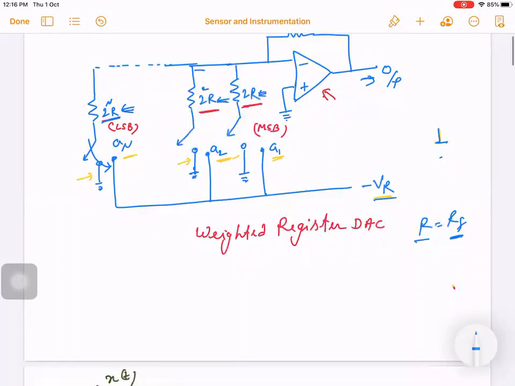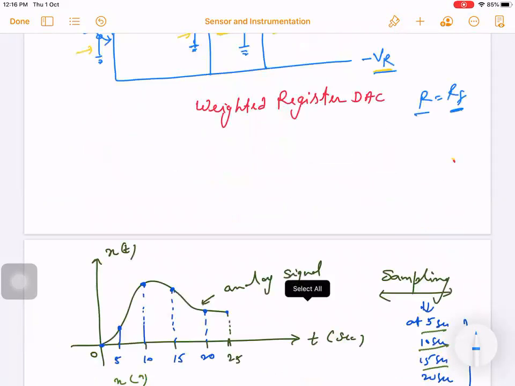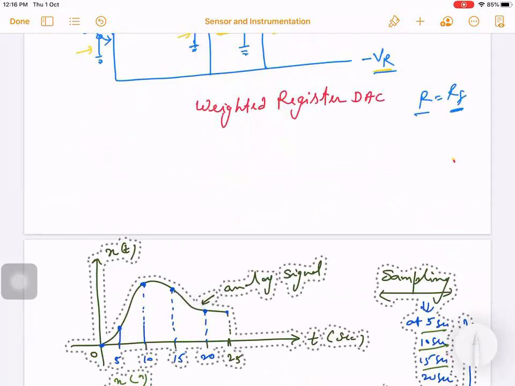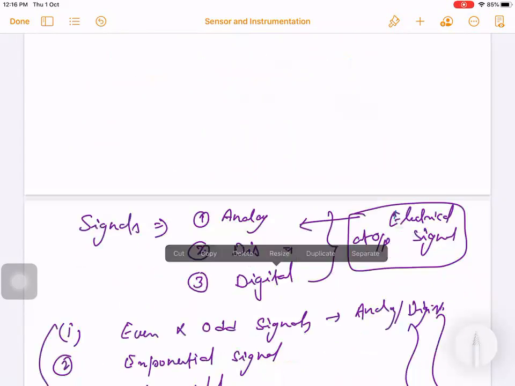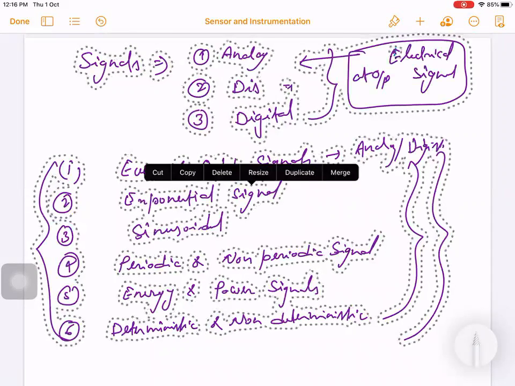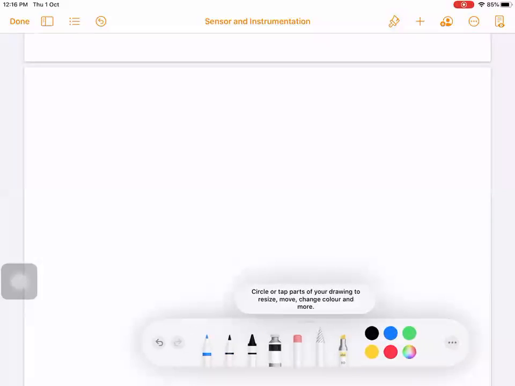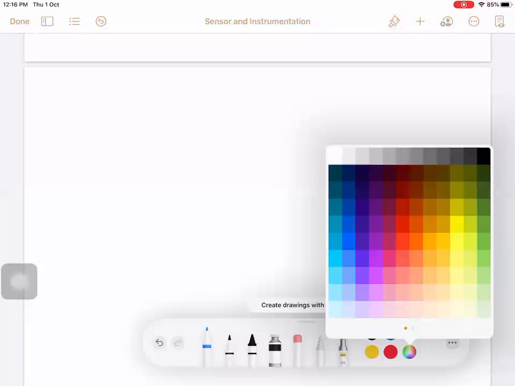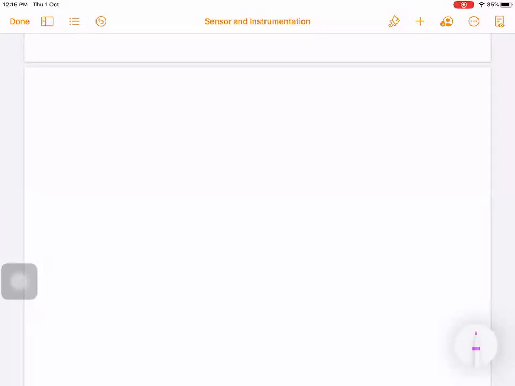I'm just writing the important points over here. So I'm just writing the important points.